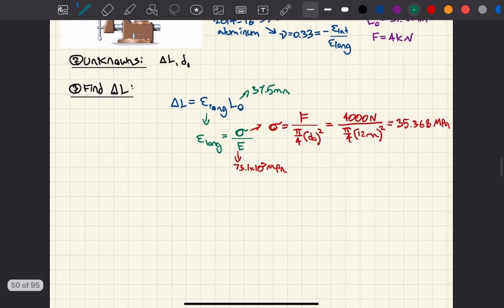Perfect. The reason I'm evaluating the longitudinal strain is that I know I'm going to use it later.